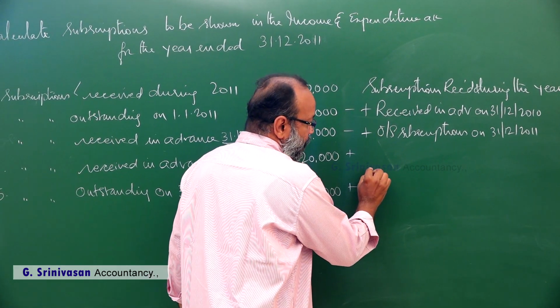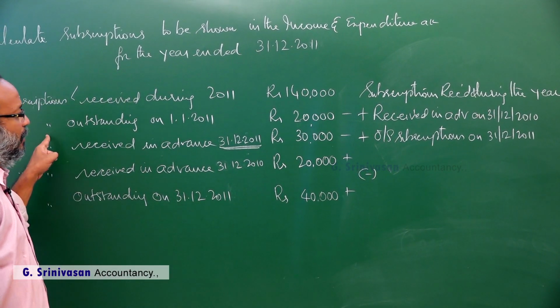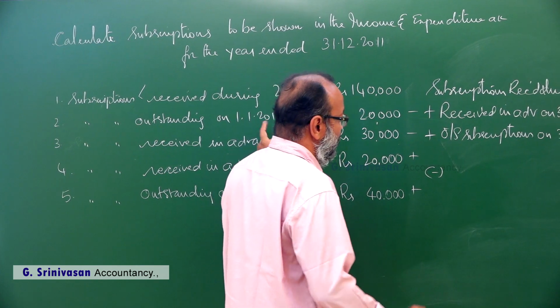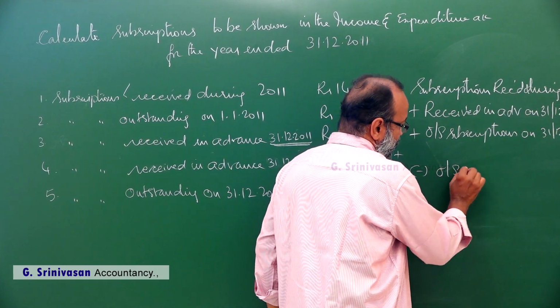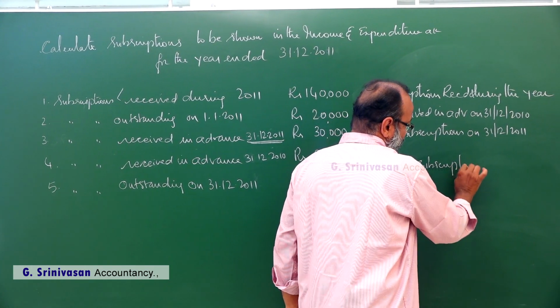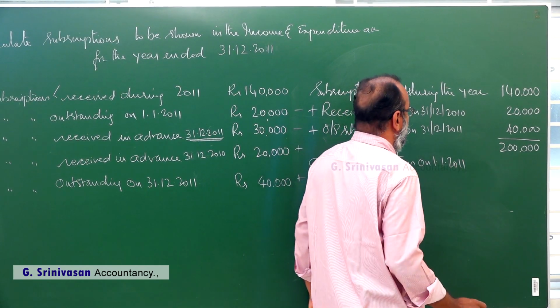Next one. From here we start deductions. First item to be deducted is outstanding on 1/1/2011, less outstanding subscriptions on 1/1/2011.